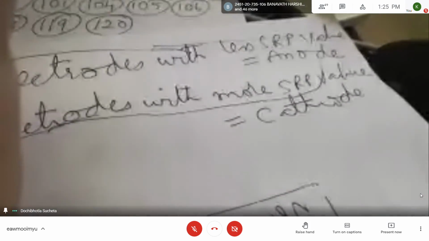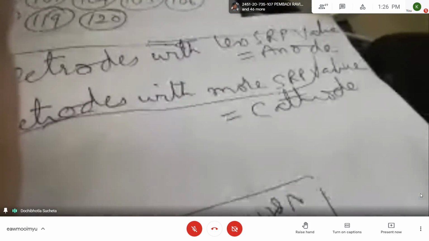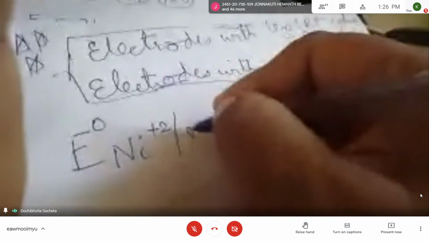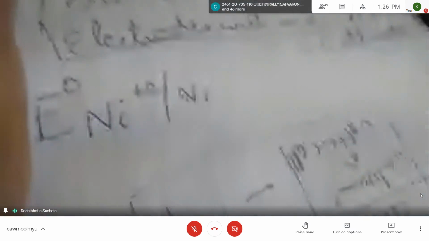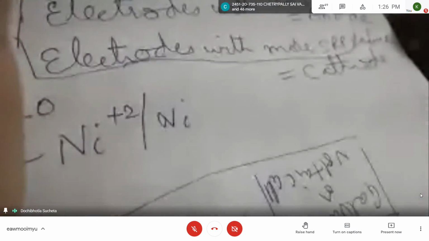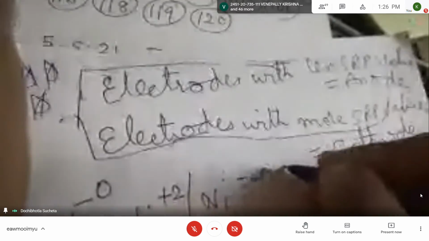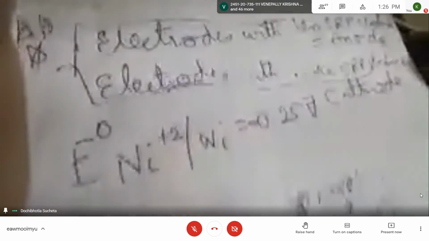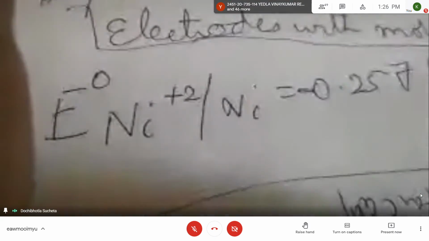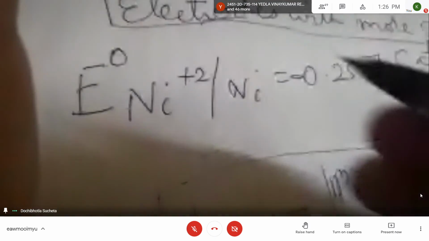Now write. Nickel SRP value. When writing this, how should we write it? We always write E naught reduction. Ni2+/Ni is equal to minus 0.25 volt.